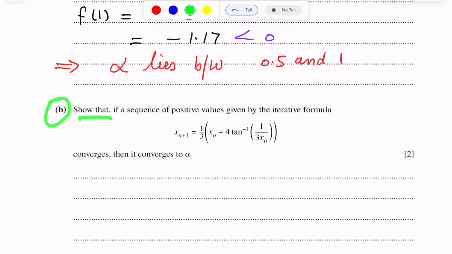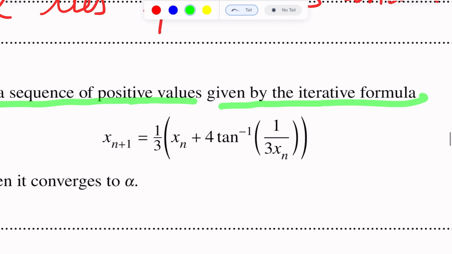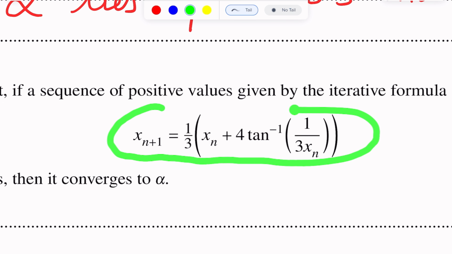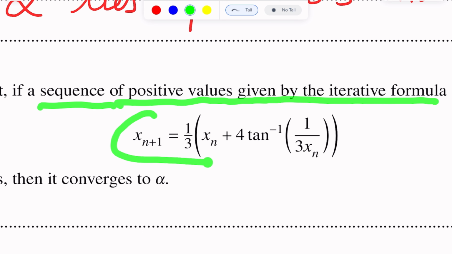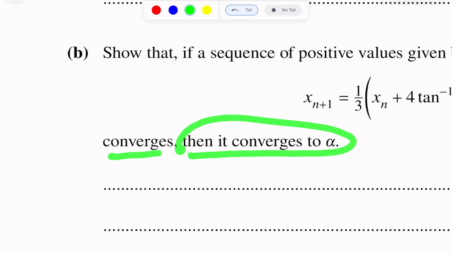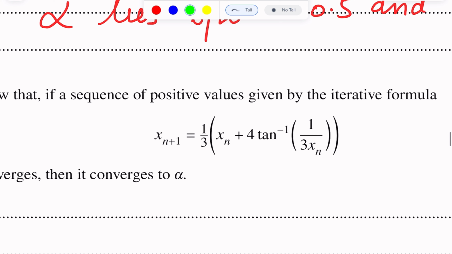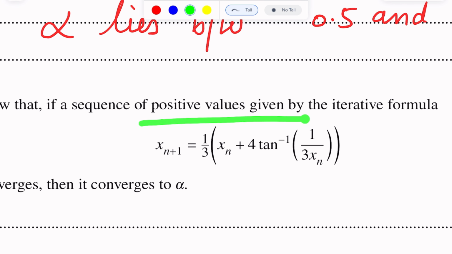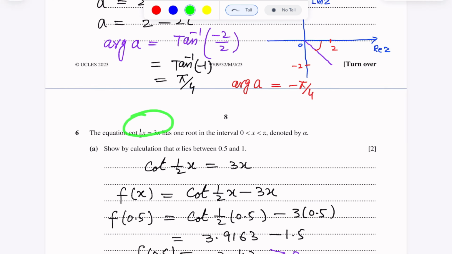The next part of this question is part B. Show that if a sequence of positive values given by the iterative formula converges, then it converges to alpha. Simply, this formula will take the original form of the equation, that is cot(1/2 x) = 3x.